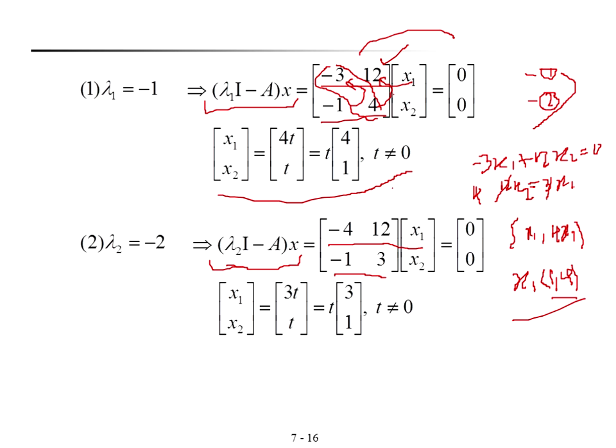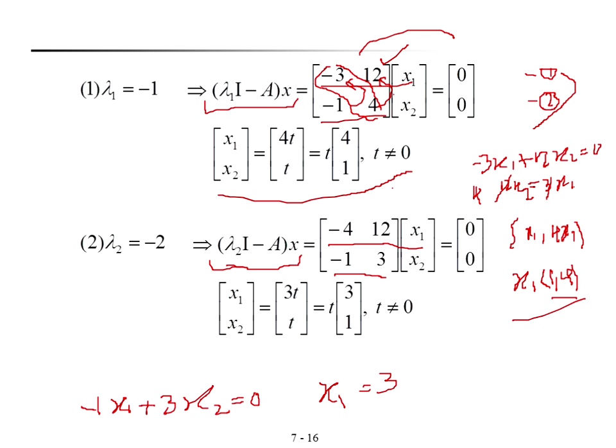Again, the matrix has rank 1. That is why we take only one equation, any one equation, either equation number 1 or equation number 2. Let's assume equation number 2, minus 1x1 plus 3x2 is equal to 0. With the help of this we get x1 is equal to 3x2.